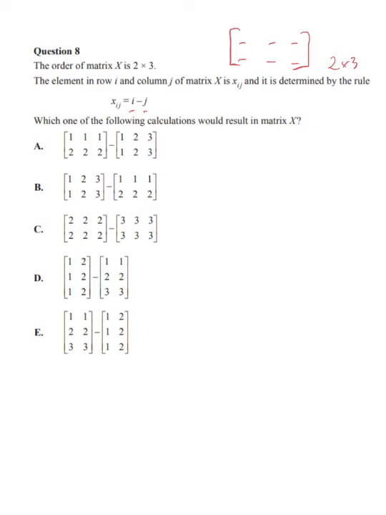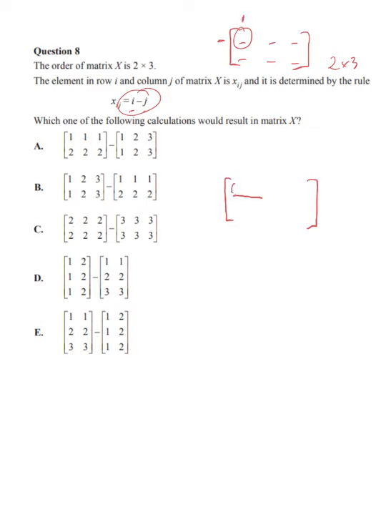So there's a few ways that you can go about this, but let's have a look at what matrix X would look like with this rule. So the rule is, in each position or element, I'm going to take whatever row number that is, and I'm going to minus the column number. So for this position here, I'm in row 1 and I'm in column 1.